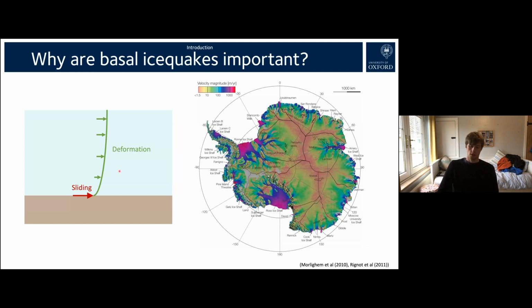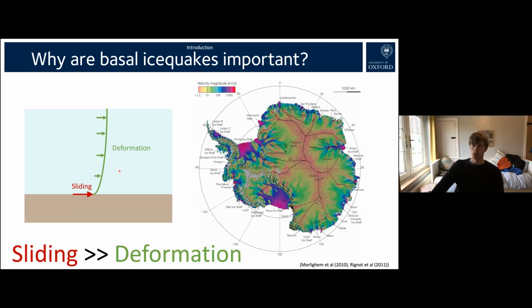And we think this sliding is much greater than deformation for a number of ice streams, certainly in the Antarctic, which is where I focus my research at the moment. And here's the Antarctic continent. This is from Rignot et al. 2011, and this just shows the velocity magnitude.